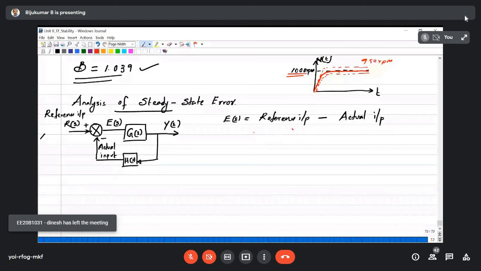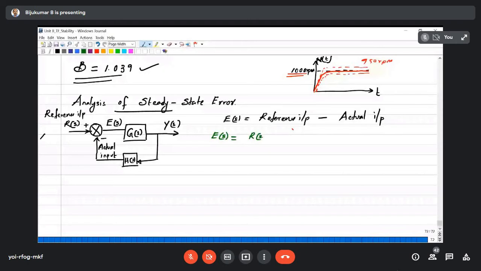Okay. So let E of S be that error, that is, reference input minus actual input. According to the transfer function, how can we write E of S? What is our reference input? It is R of S, minus the actual input.